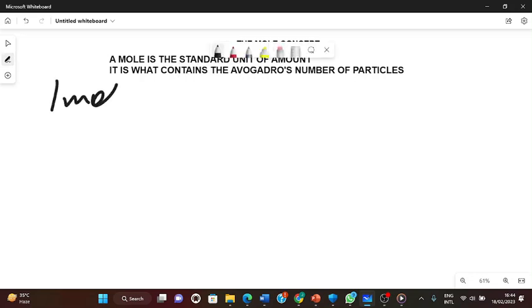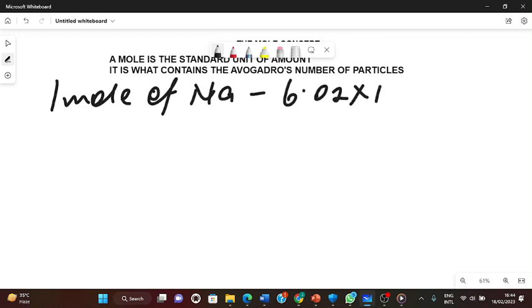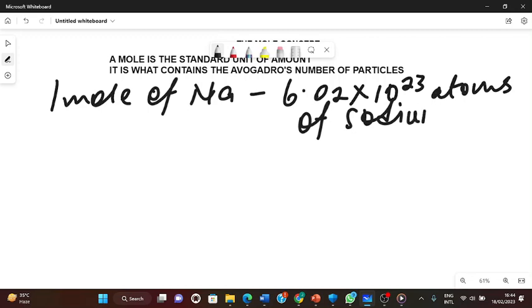One mole of sodium as an element will contain 6.02 times 10 raised to power 23 atoms of sodium. And also, which is equal to what?